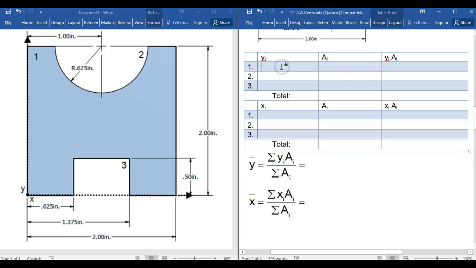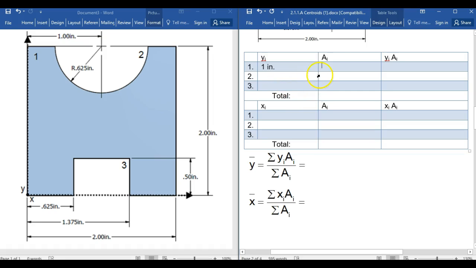To find your y centroid location, our total y is 2 inches. Remember, we take our total y and divide it in half. So half of 2 is 1 inch. That is our y centroid location for shape 1, which is the box, assuming shapes 2 and 3 are not cut out, just the box all by itself.